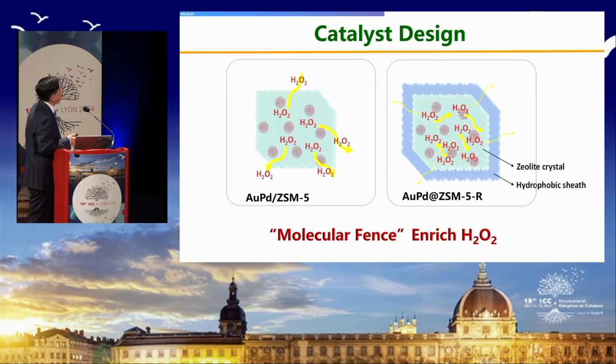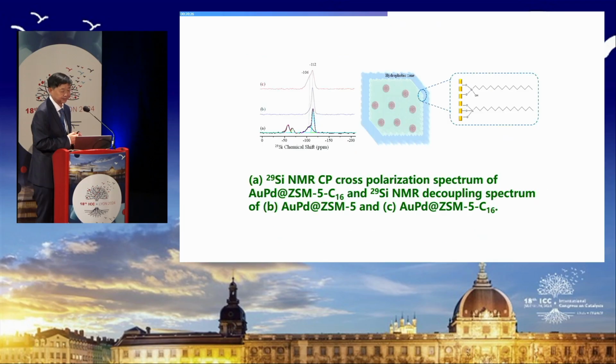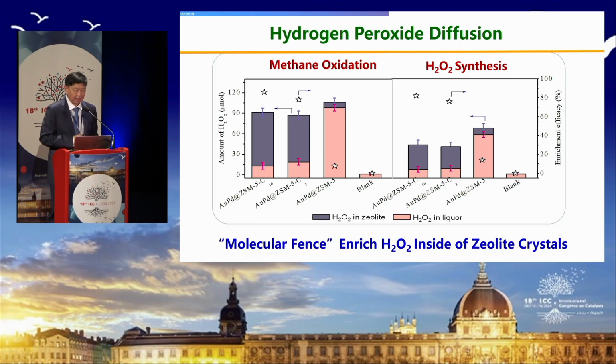Molecular fins are designed like this: the catalyst is coated with a hydrophobic monolayer, like a seal. So here I give you the molecular fins enriching hydrogen peroxide. From NMR, we can confirm these molecular fins. Then we try to synthesize hydrogen peroxide.